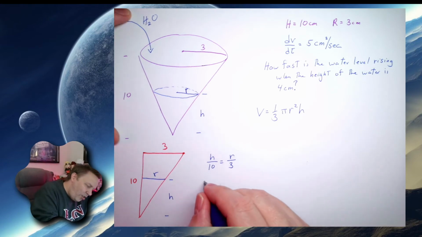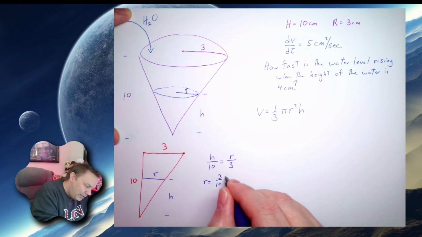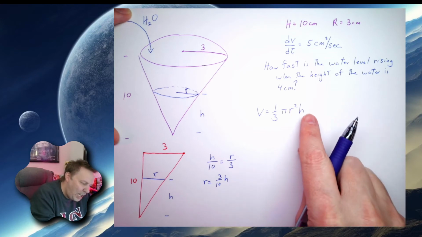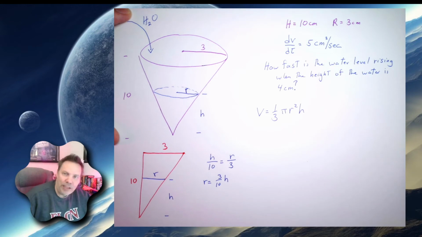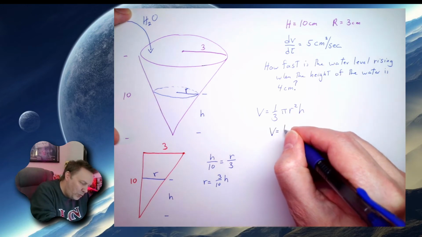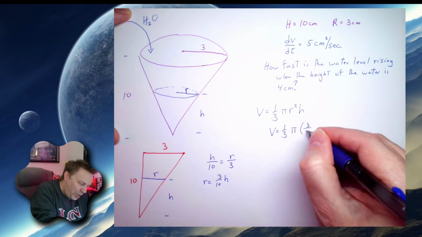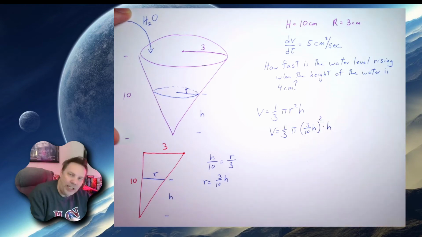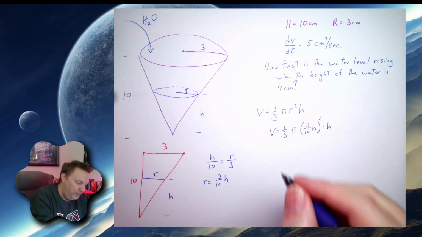So really quickly, R is equal to 3/10 H. So I'm going to take this and plug it into this particular volume formula. So my volume formula becomes 1/3 pi (3/10 H) squared times H.